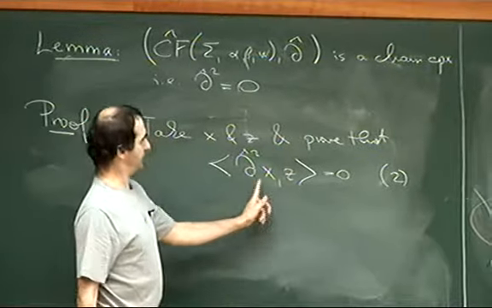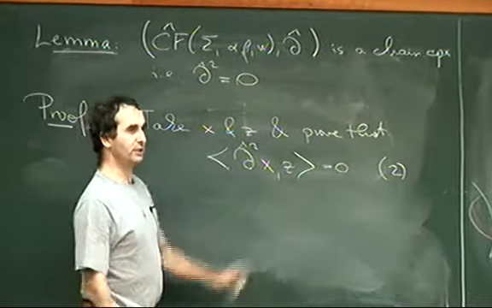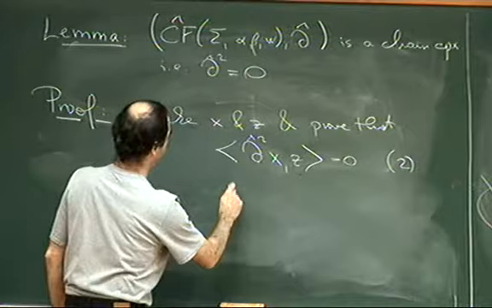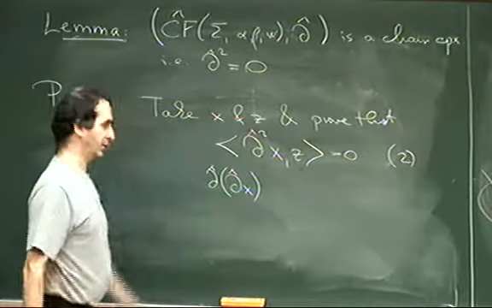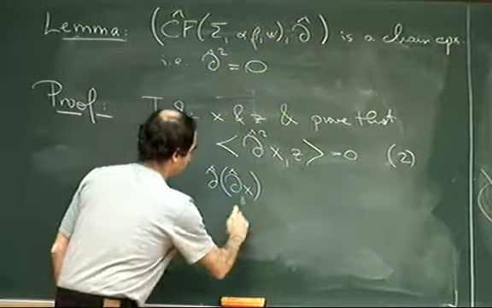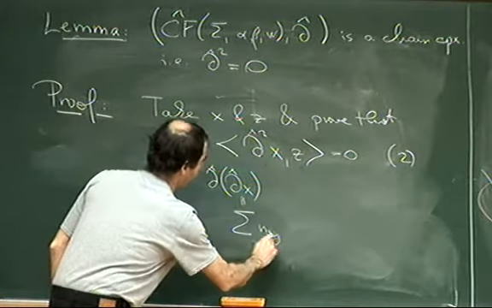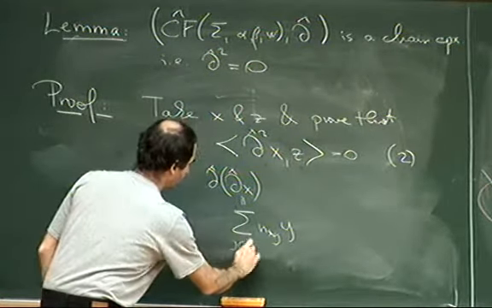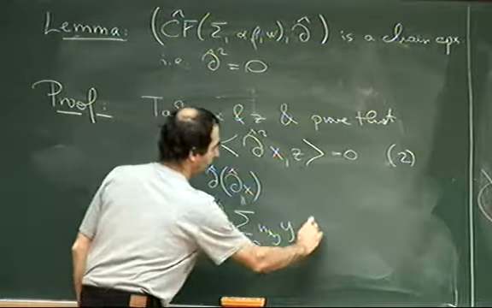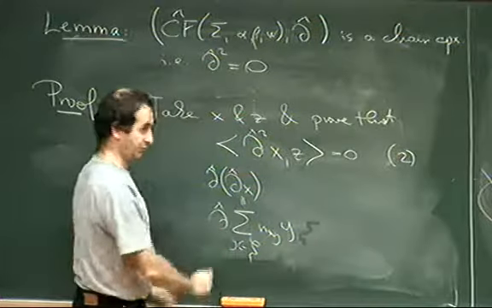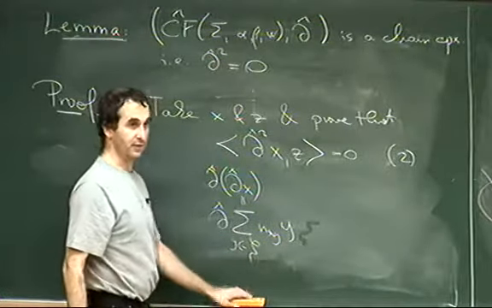So what do we count here? Well, we have to apply delta hat on delta hat. This is just the sum of n_xy times y for all y's, and then we have to apply it again and take the z coordinate of the image of the result.